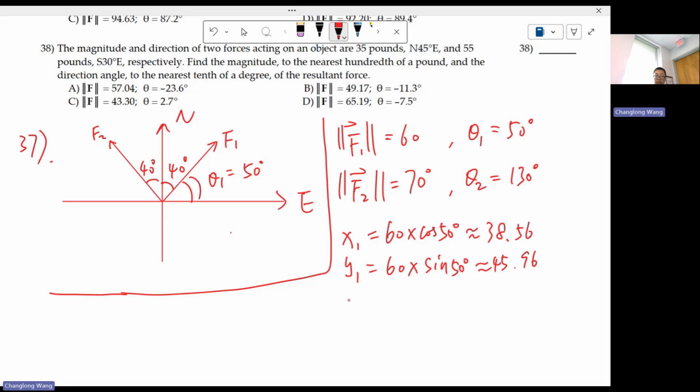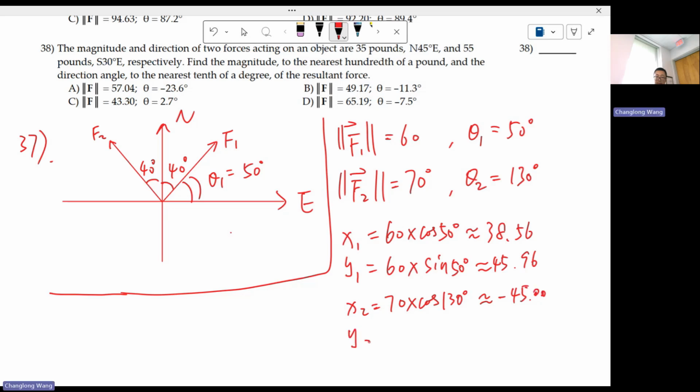We'll do the same thing for F2. That's x2, right? So it'll be 70 times cosine of 130 degrees. It'll be negative, right? Because cosine 130 is negative. So that's about negative 45.00 because I rounded up.